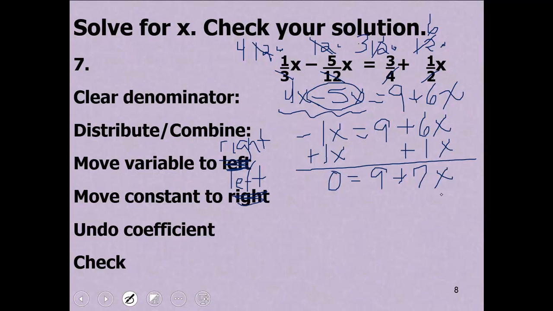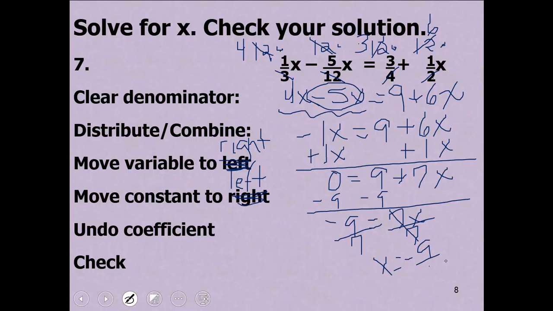Now I'm going to subtract 9. And I get negative 9 is equal to 7x. Divide by 7. And x is equal to a negative 9/7.